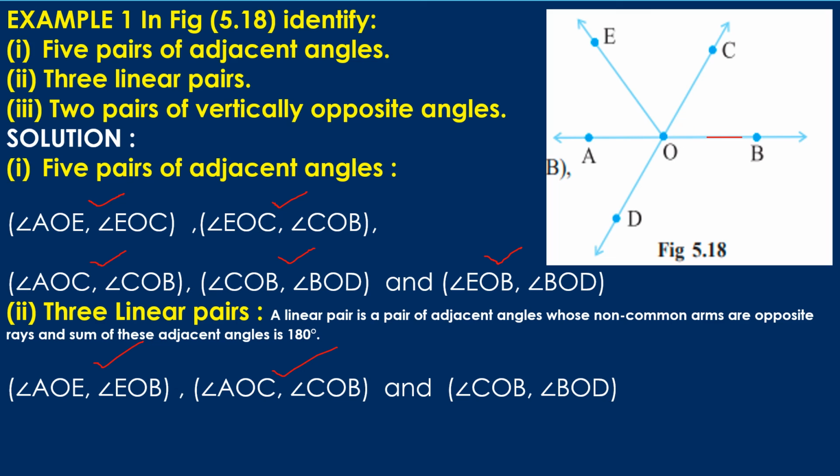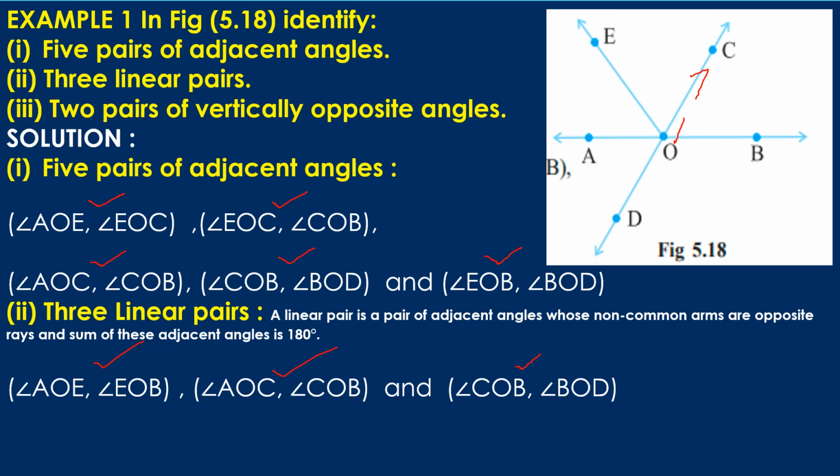And the third linear pair is angle COB and angle BOD. This is also a linear pair, because these two are adjacent angles and the sum of these two angles is 180 degrees. That meets the requirement of a linear pair, and also we have two non-common arms on opposite rays. Therefore this is also a linear pair.